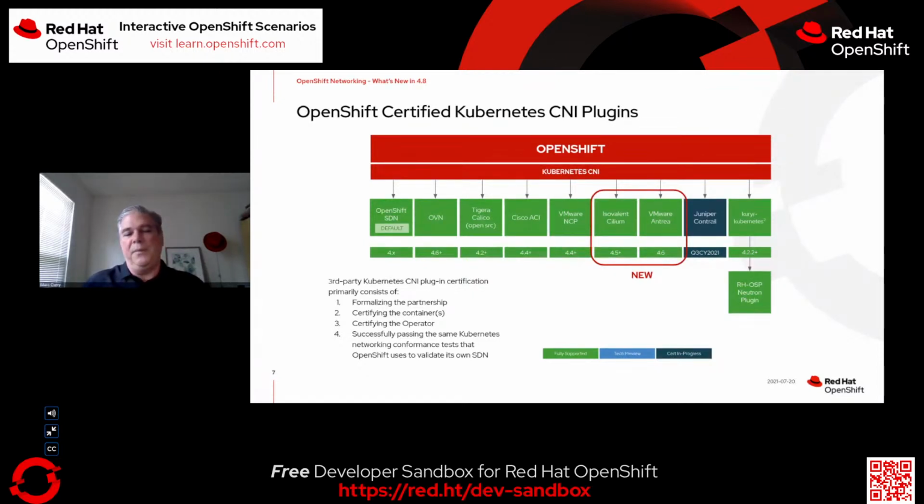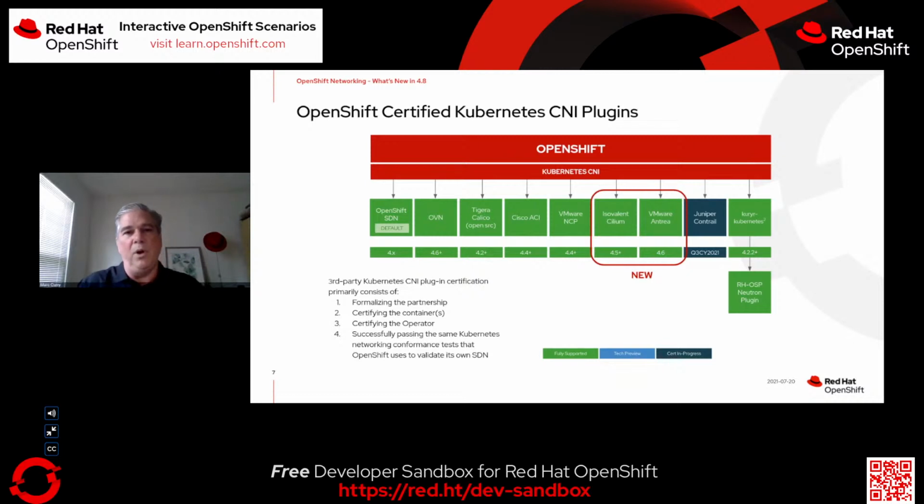And because of that, just recognize that different third-party plugins have different levels of testing and support for our other layered products, such as OpenShift Virtualization and OpenShift Service Mesh. So consult your account team for more information if you have any questions about that.